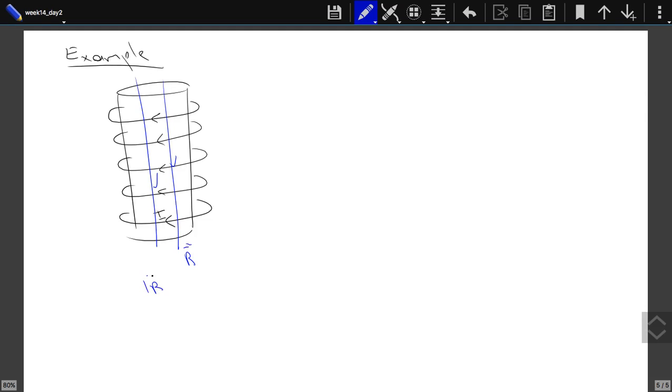Do you remember the magnitude of B? It was mu0 times I times N, N being the number of turns per unit length. Now let's imagine we have another single loop or double loop just around it.